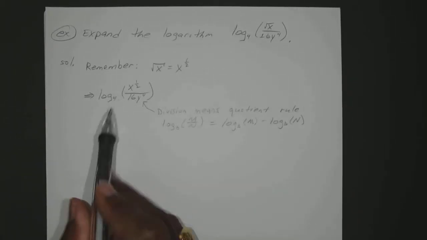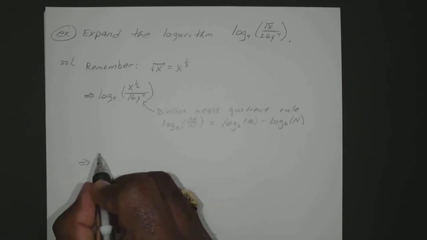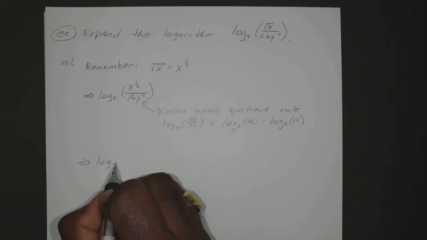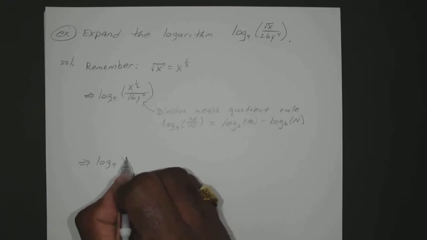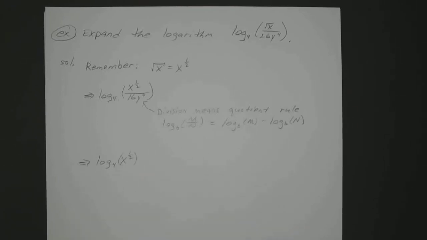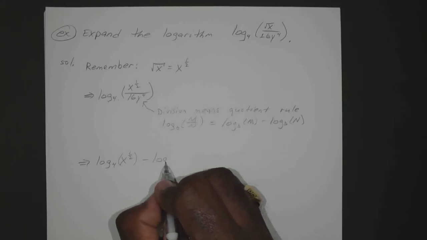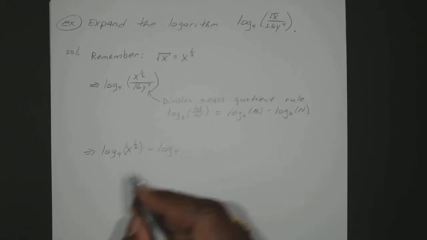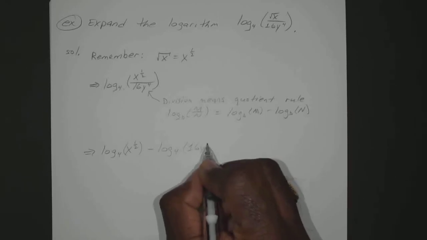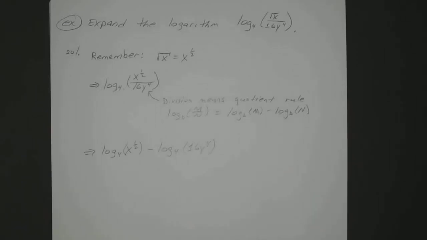So this one will now become log base 4 of the numerator, which is x to the 1/2 power, minus log base 4 of the denominator, which is 16y to the fourth. So we got rid of the division, using the quotient rule for logarithms.